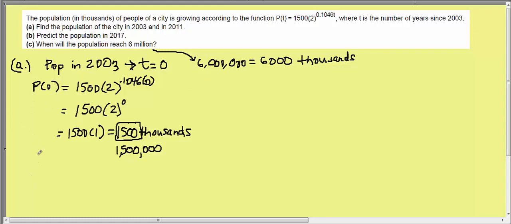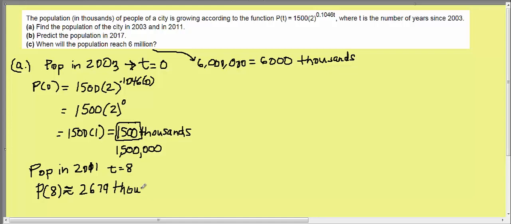But for our purposes, let's take a look at what the population in 2011 is. So in 2011, we're talking about t is 8. So we're looking at p of 8. And once you work it out, you'll find that it's approximately 2,679 thousands.